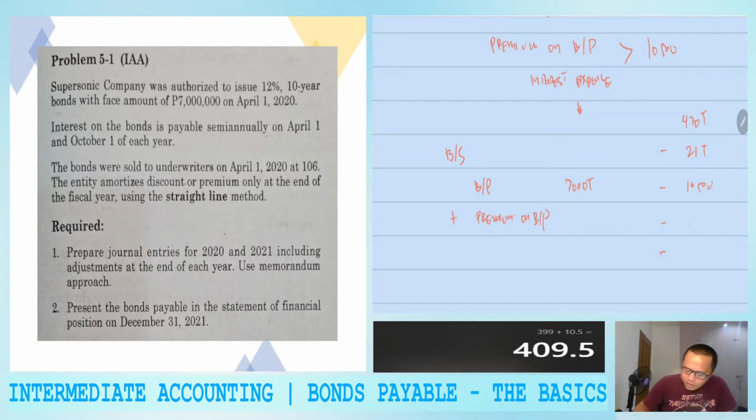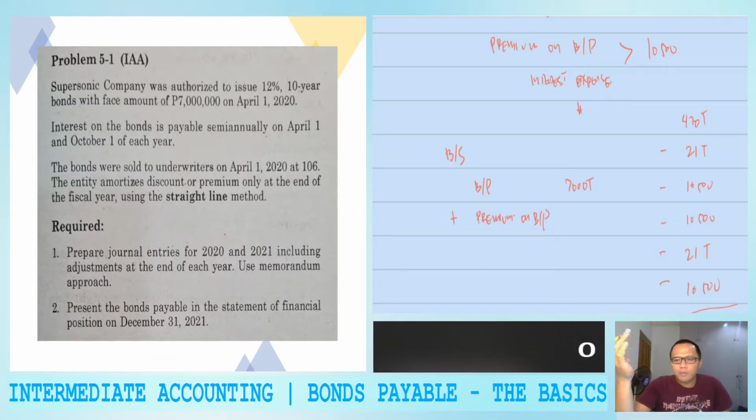December, April 1, 2021, October 2021, and December 2021. So the net or the remaining premium on bonds payable as of December 2021 is now 420 minus 21 minus 10,500 minus 10,500 minus 21 minus 10.